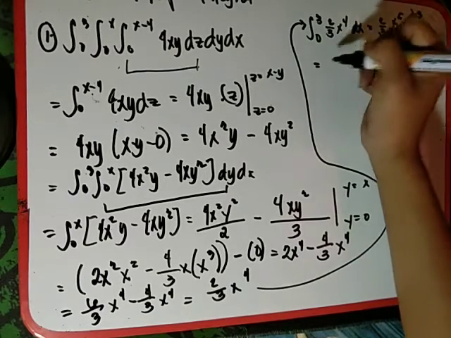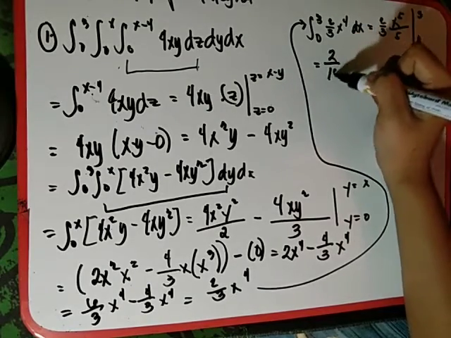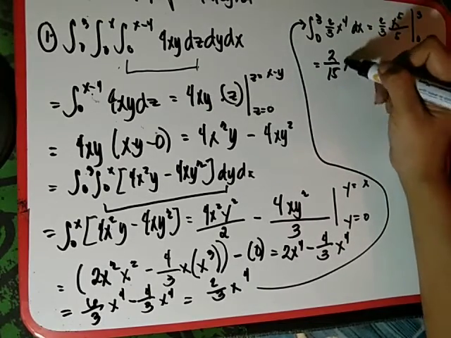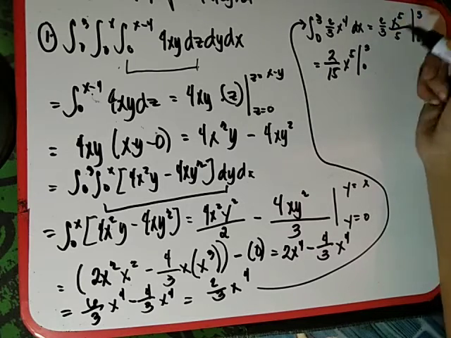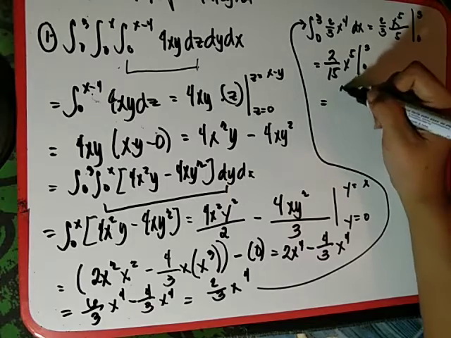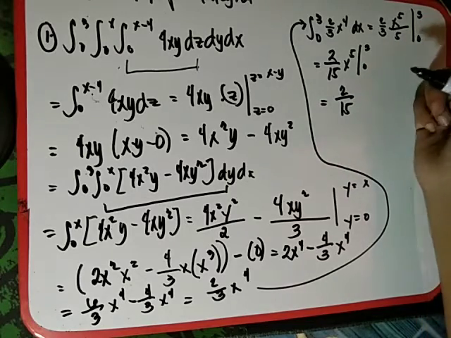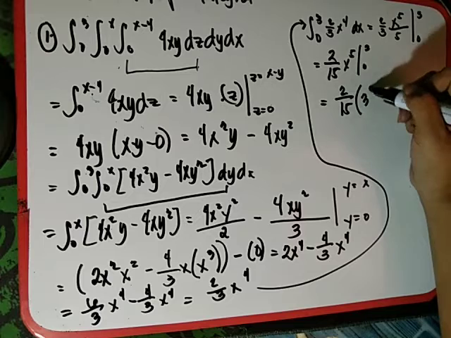So we have 2 over 15 x raised to 5, 0 to 3, and that is equal to 2 over 15 times 3 raised to 5.